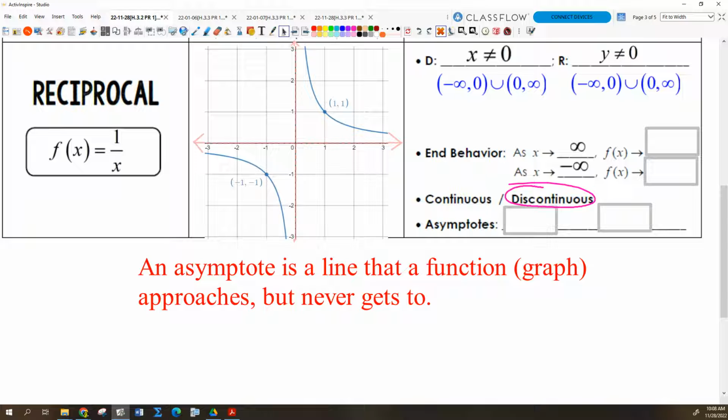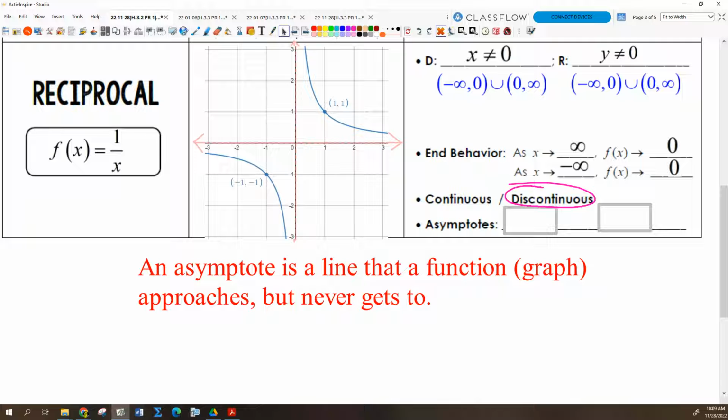As the ant goes infinitely far to the right, the ant gets closer and closer and closer to y equals 0, doesn't it? Okay. Well, how about as x approaches negative infinity? So as the ant goes infinitely far to the left, what's y approaching? 0. Yeah, same thing.